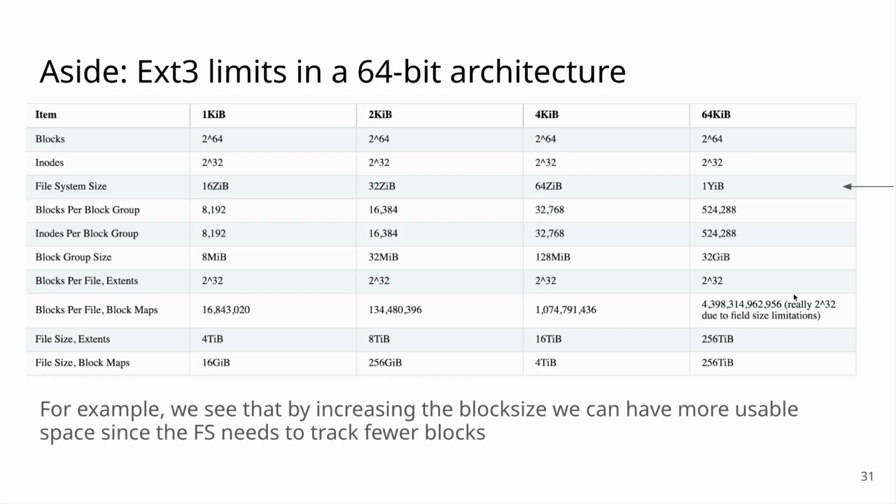Okay. And this also tells you the sizes of the metadata structures here, like for example the block maps or the block group size and all that stuff. Okay, how many inodes per block group, etc.